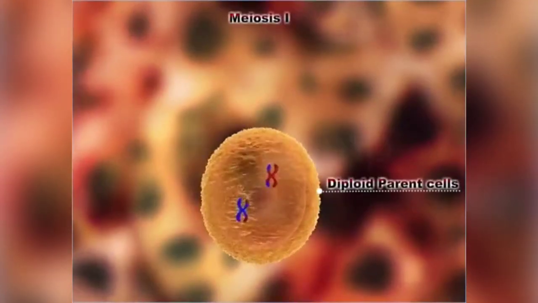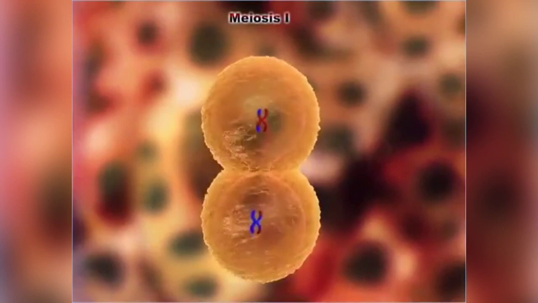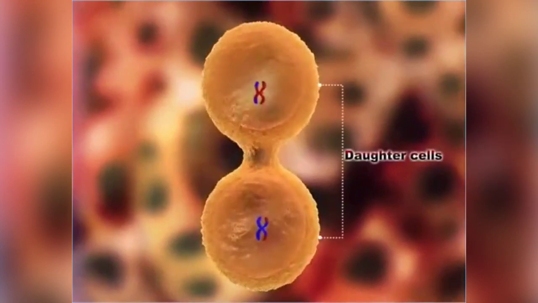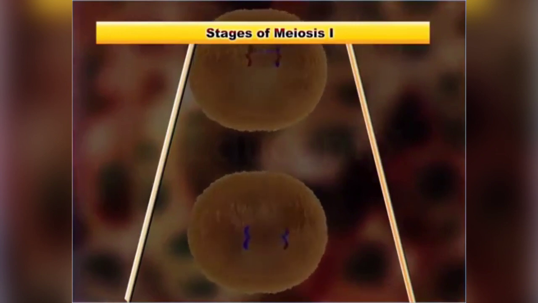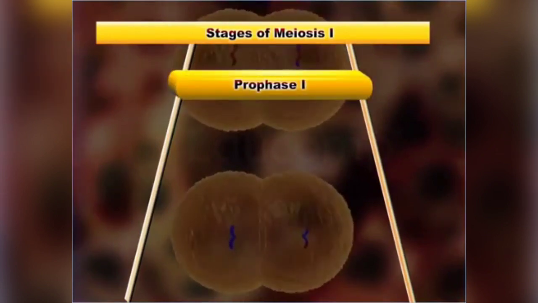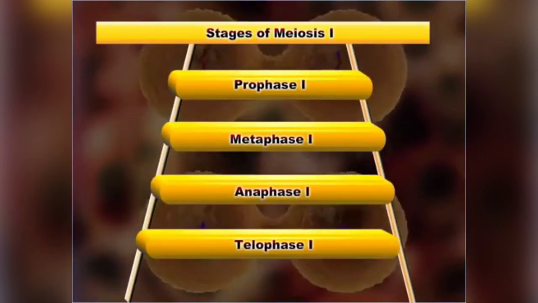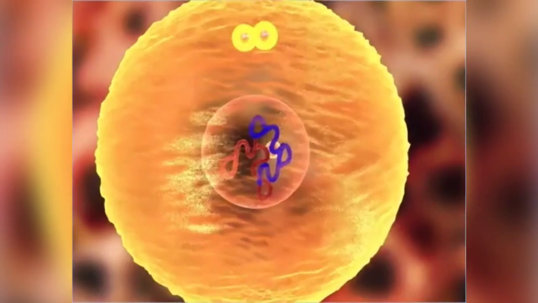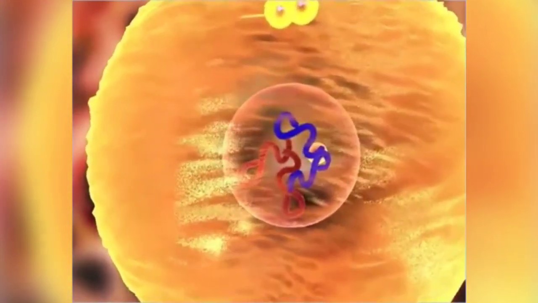Meiosis 1 is the reductional division in which the chromosome number gets halved and distributed between two daughter cells. Meiosis 1 includes 4 stages: prophase 1, metaphase 1, anaphase 1 and telophase 1. Let's know about the homologs before studying the phases of prophase 1.